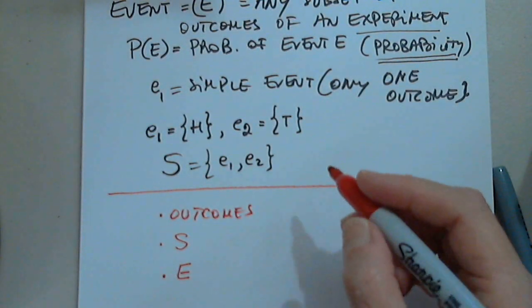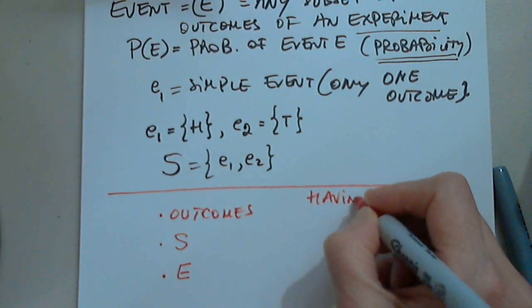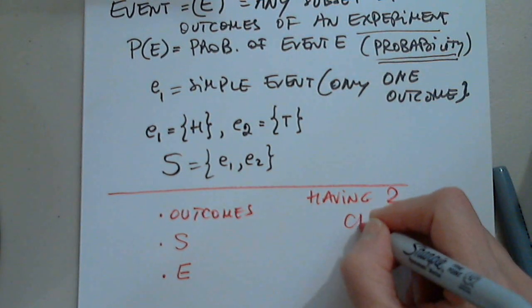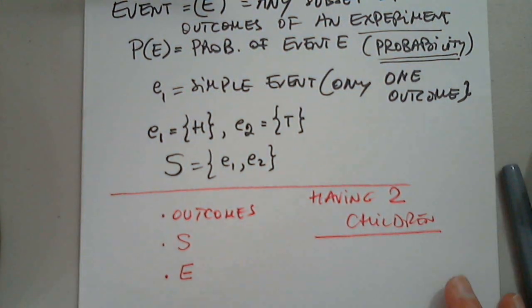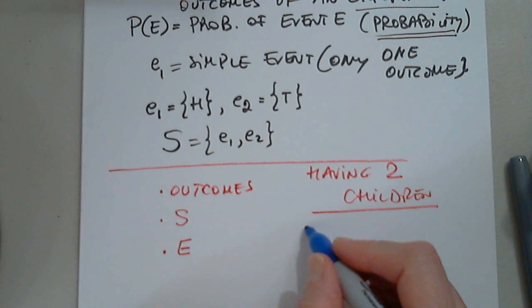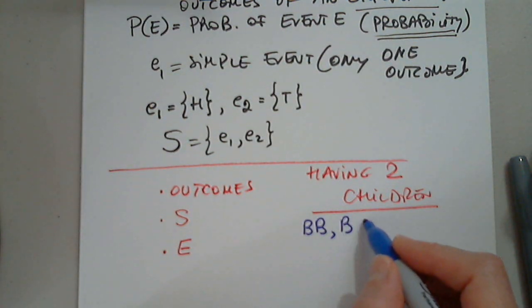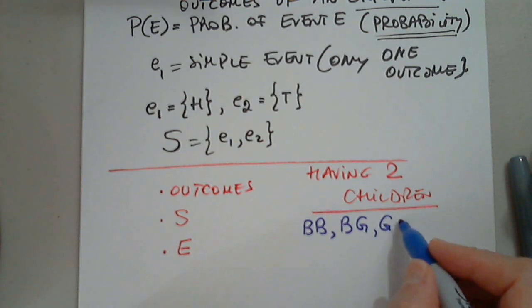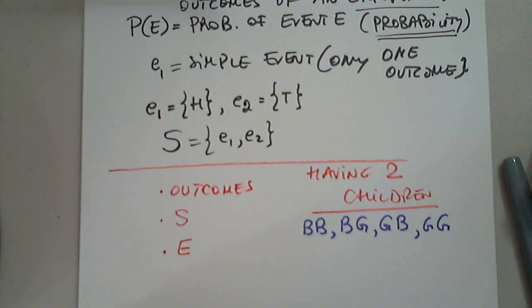So let's say here's an experiment of having 2 children. What are the possibilities? The possibilities are a boy and a boy, a boy and a girl, a girl and a boy, in that order, these are different outcomes, and a girl and a girl.